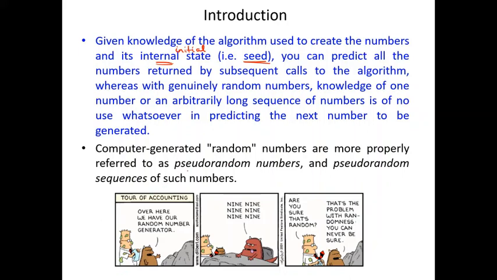Here you can see a simple cartoon demonstrating a random number generator that is simply predicting 9999. The main problem with random number generators is we don't know if it is truly random. All these nines can be random or need not be random.